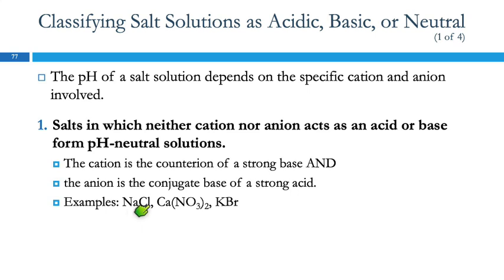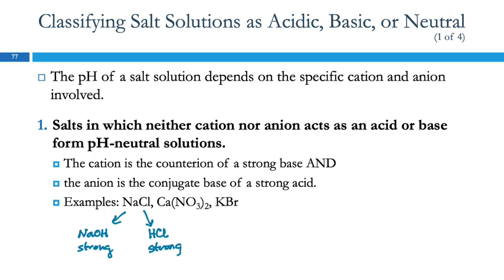So NaCl. Right? Well, Na is the counterion in sodium hydroxide. And Cl is the conjugate of HCl. This is strong. This is strong.